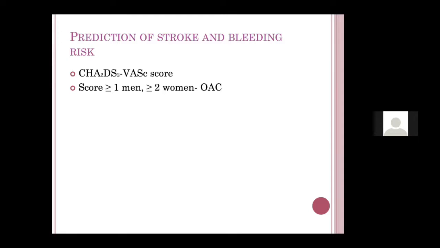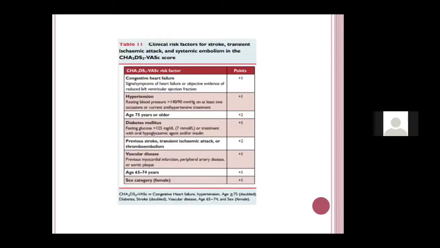That is why the cutoff point for female is more. So if the score in male is 1 and female is 2, you can still give anticoagulation. But in that case, they told that the conventional oral anticoagulants are better than the novel oral anticoagulants. So this is the CHADS-VASc score.